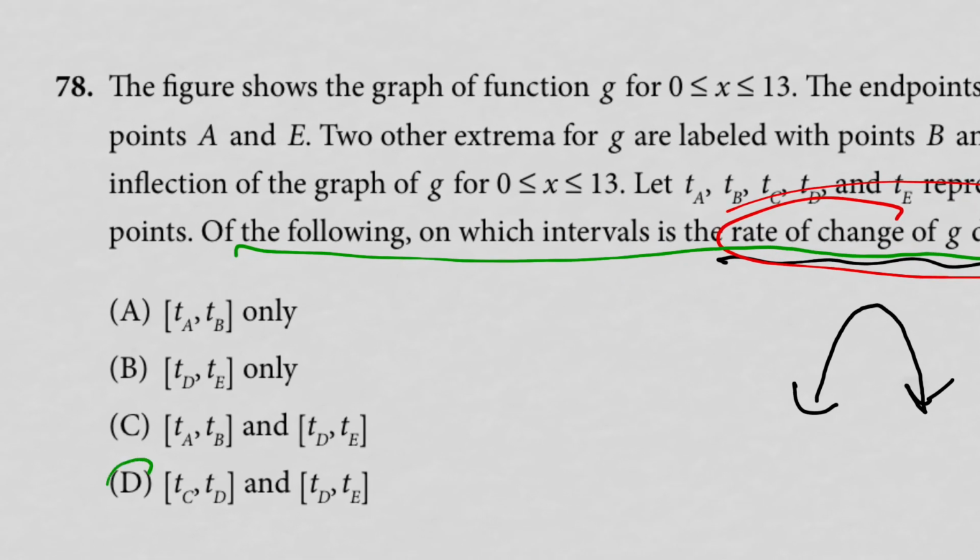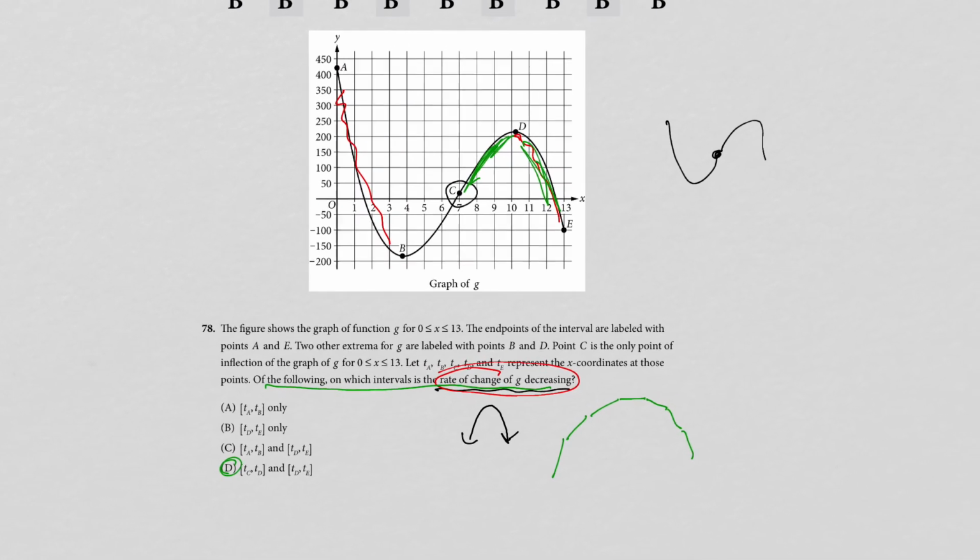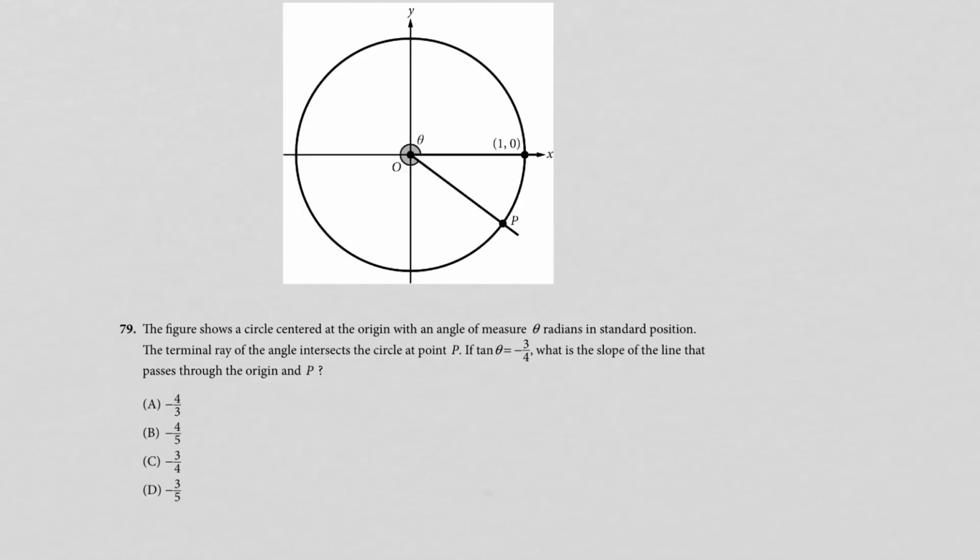So this one, C to D and D to E. Basically, rate of change decreasing means the slope is getting less positive, 0, negative, more negative, more negative. That's the rate of change decreasing, and that's the answer to number 78.